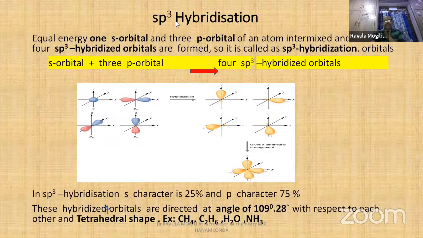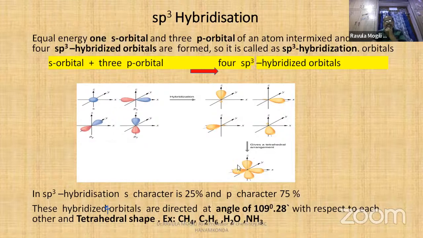So this is sp3 hybridization: 1 s orbital and 3 p orbitals intermix to form 4 sp3 hybridized orbitals.